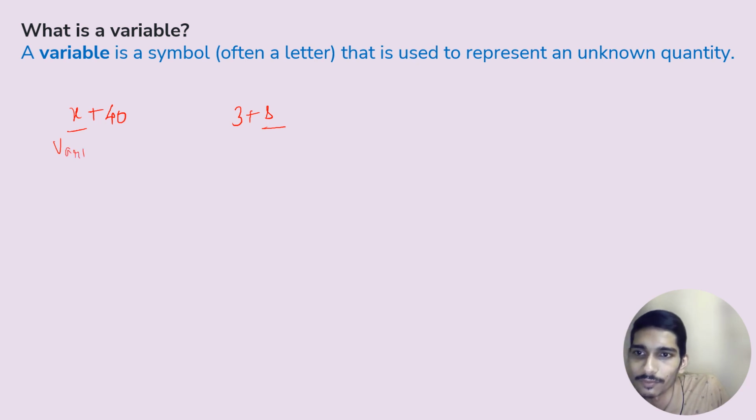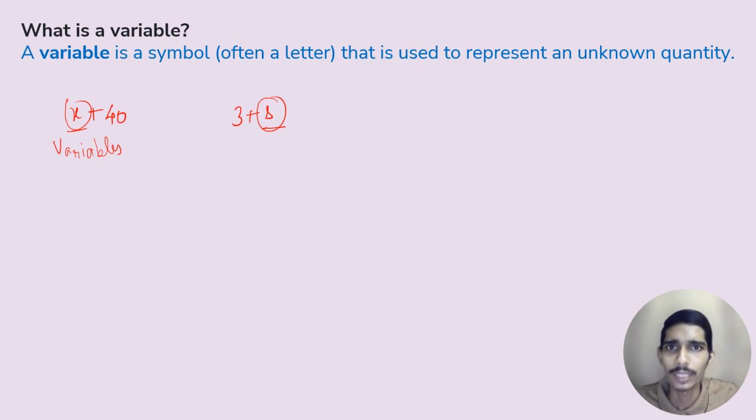This s, x, or a, b, c, d up to z, any letter you take in algebra, we don't pronounce it as a letter or alphabet. We use the word variable.